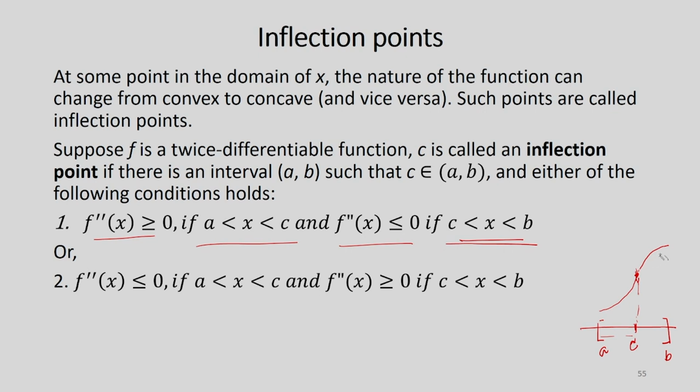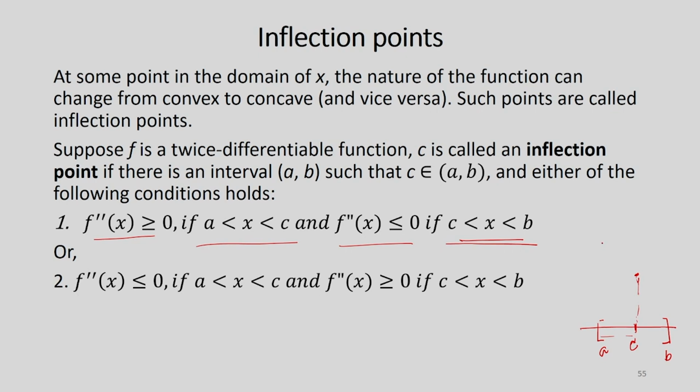What happens in the second case? In the second case, it is just the opposite. So, you take any x between a and c, that is to the left of c, then the second derivative is negative, okay, and what happens to the right of c, the second derivative is positive, okay. So, I can write an example like this.